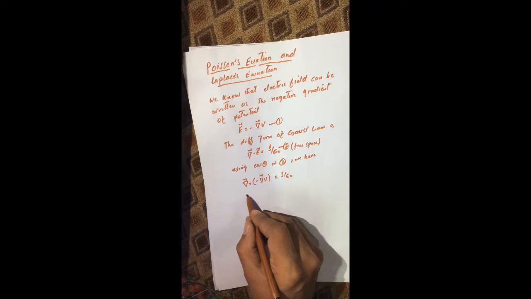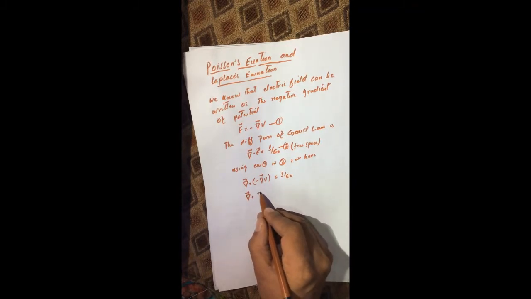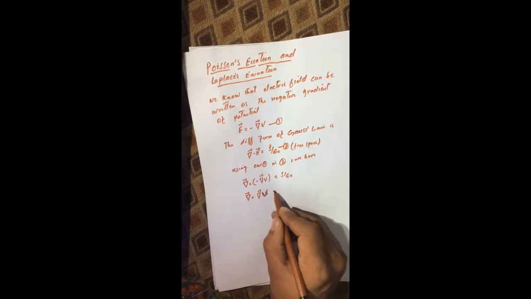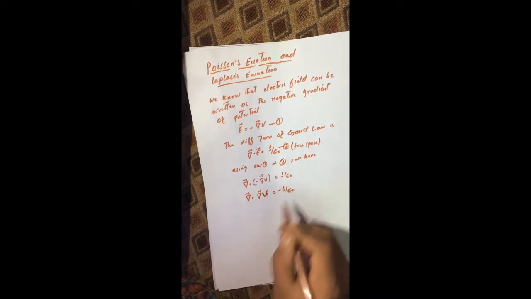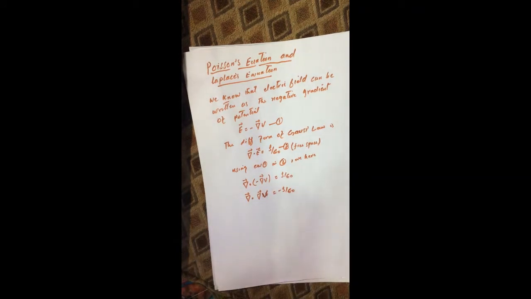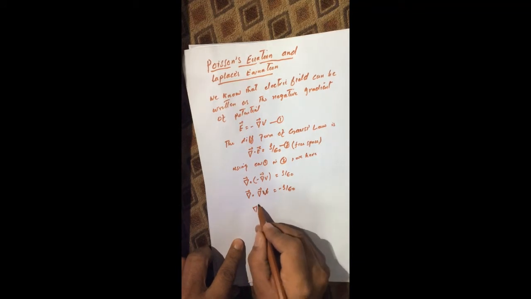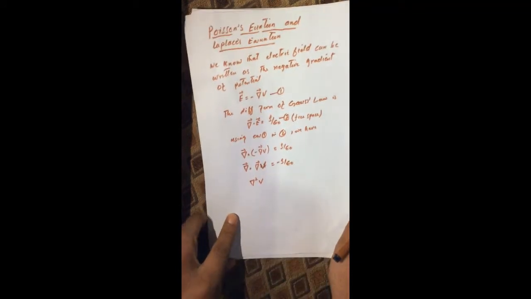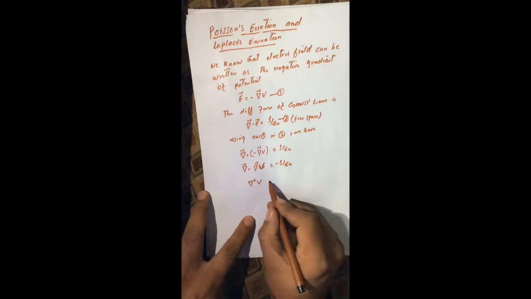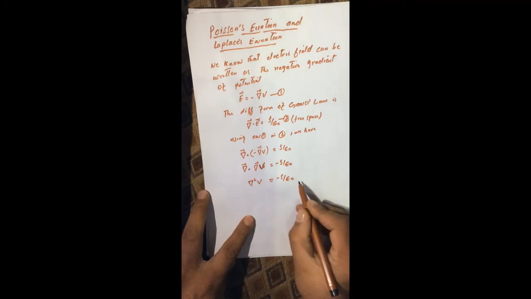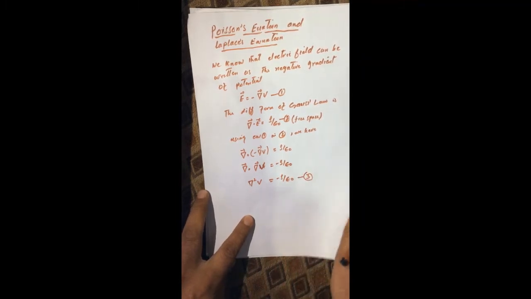I can write it as del dot del V is equal to minus rho over epsilon naught. Now this del dot del V, we can write as del square V, which is equal to minus rho over epsilon naught. This is equation number 3.